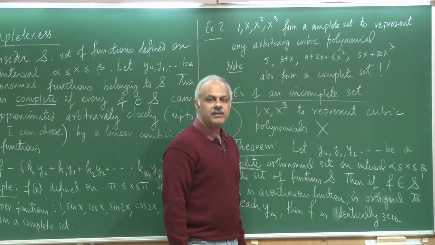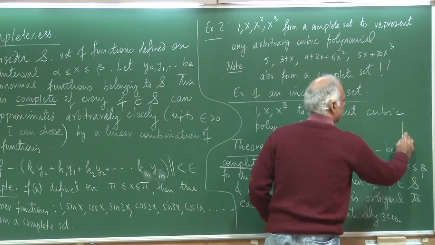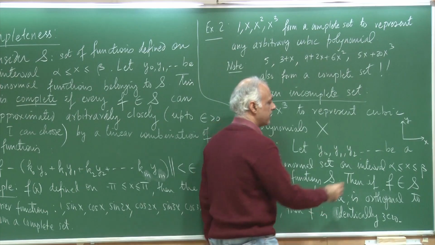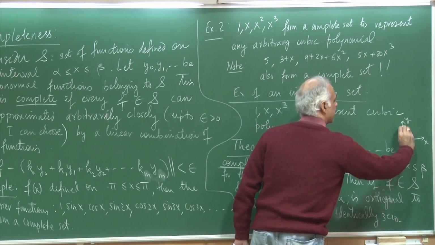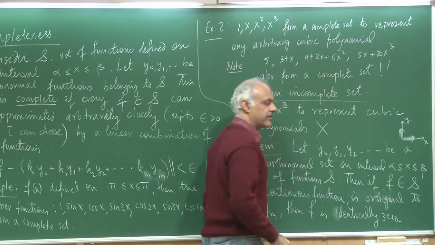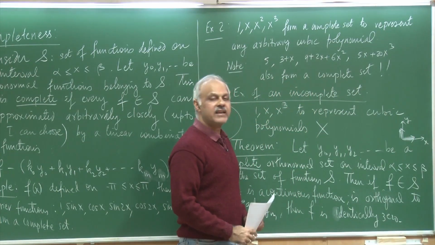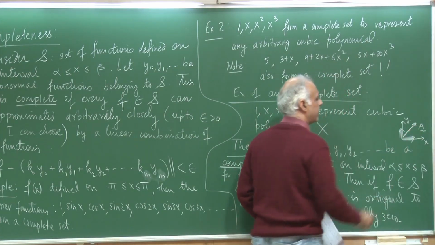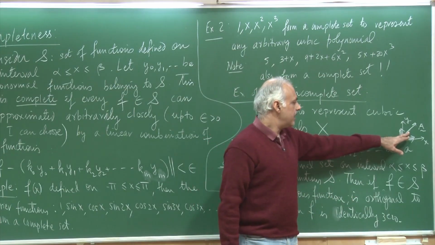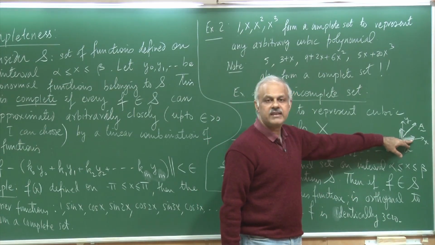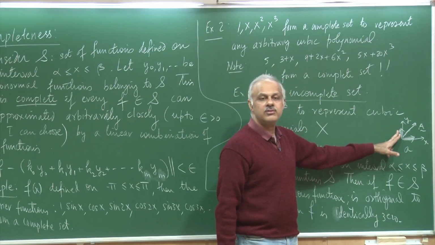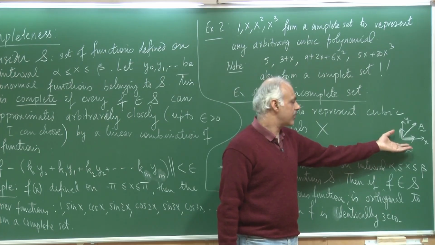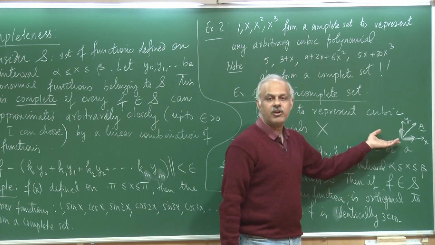Let's consider an example. Again the example would be a two-dimensional plane, x and y axis. There is a unit normal here and there is a unit normal here. Suppose this is an arbitrary vector A, and the claim is A is orthogonal to the unit vector i, it is also orthogonal to the unit vector j, and both these form a complete set. Of course they do. For a two-dimensional plane, i and j form a complete set.